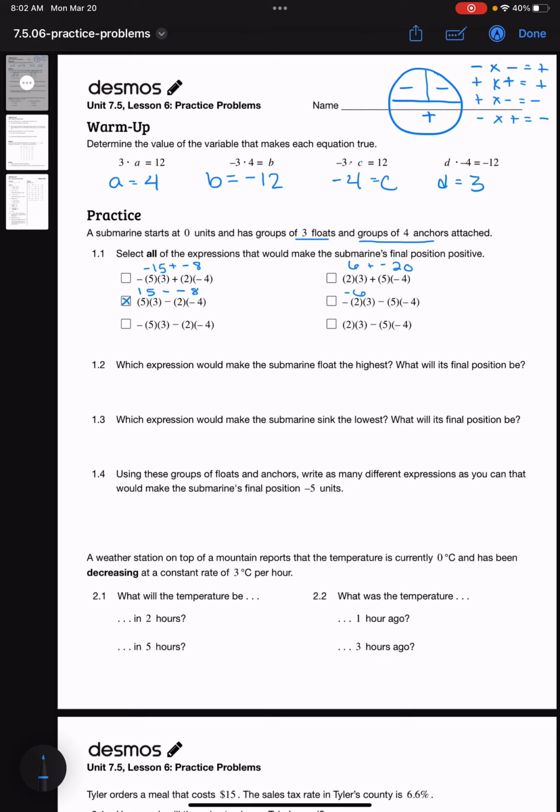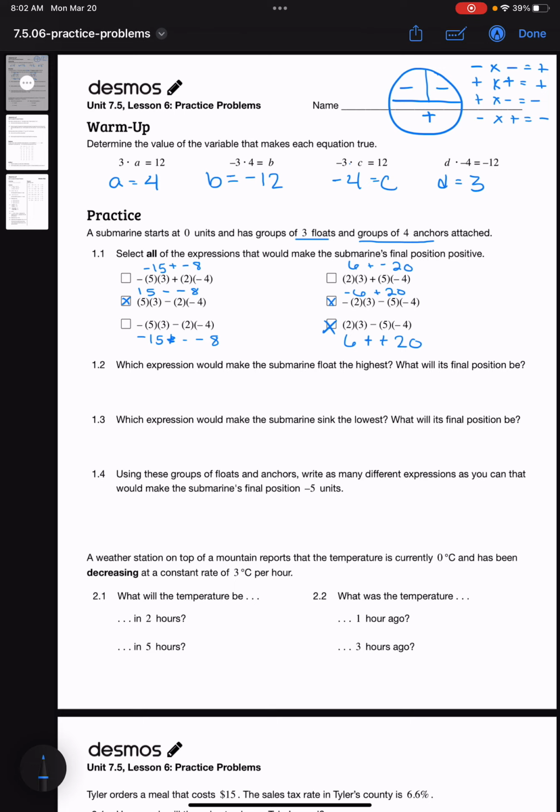Negative 6 plus 20 would be positive. Negative 15 plus or minus negative 8 would be negative. And 6 minus negative 20, these become positive. So we'd have 3 positives here.